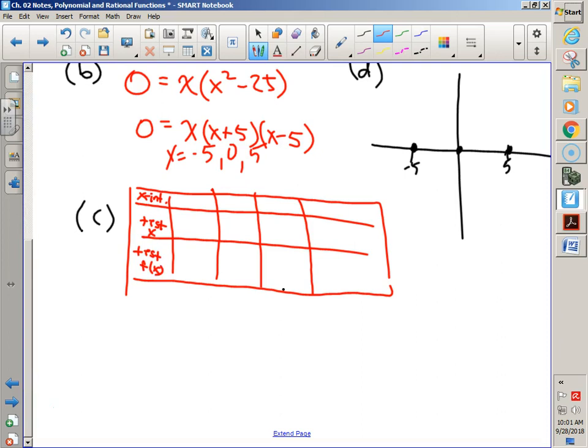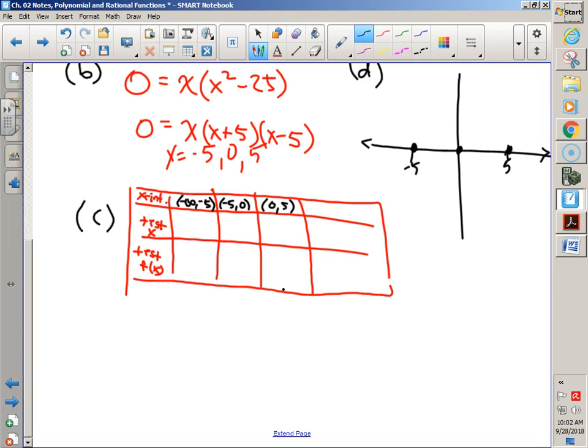Okay, what's the first interval of this number line, the way it's been broken up? Yeah. Negative forever to negative 5, right? So this first one would be negative infinity to negative 5. What's the next piece of the number line or the x-axis? What's the next piece?